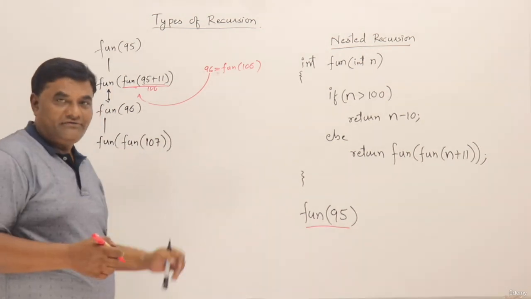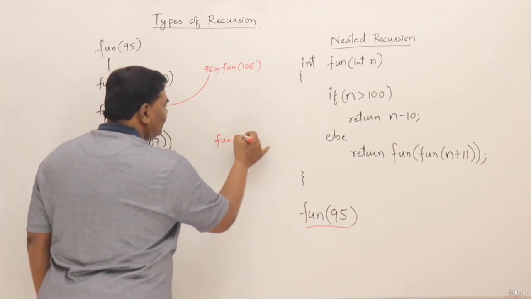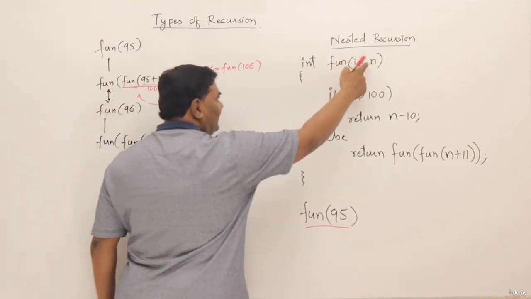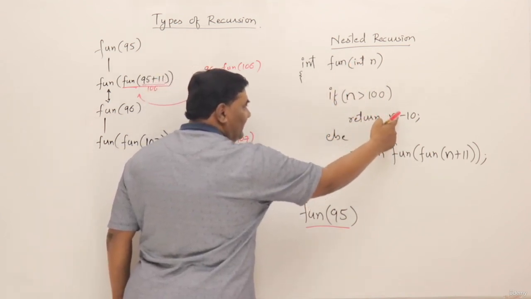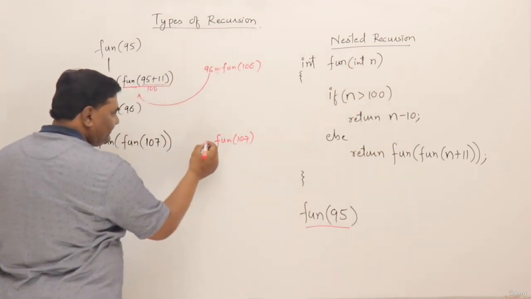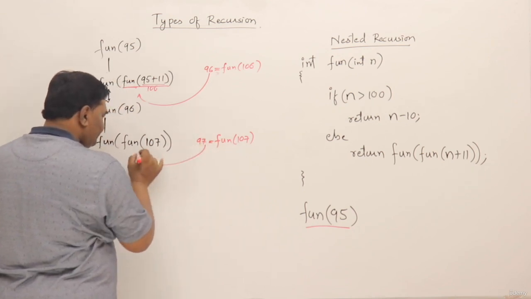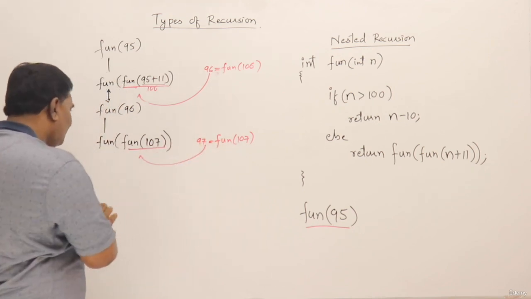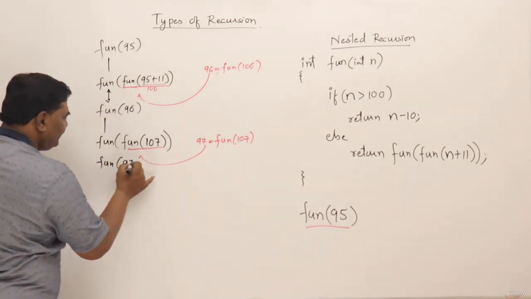So let us find out fun of 107 here. When n is 107, 107 is greater than 100. So it returns 107 minus 10. So this becomes 97. So this is the result of this function call. So actually this function becomes now fun of 97.